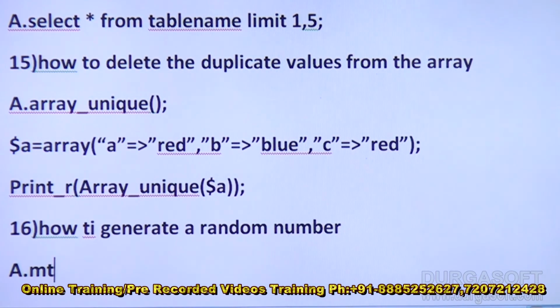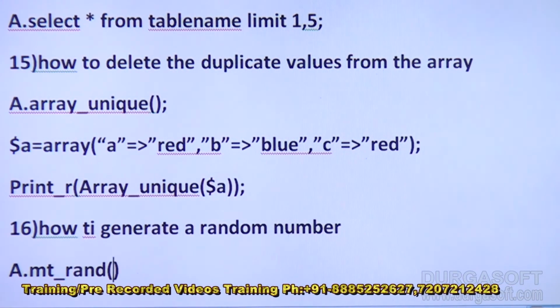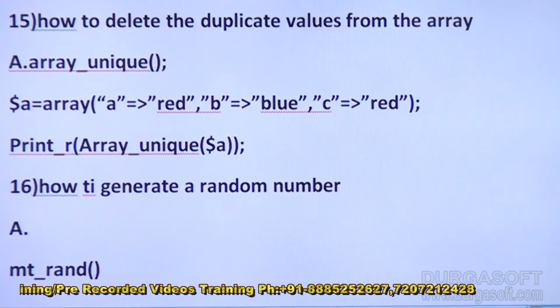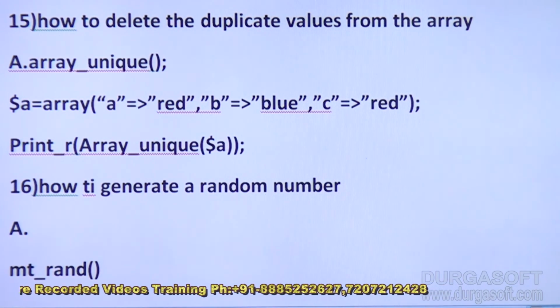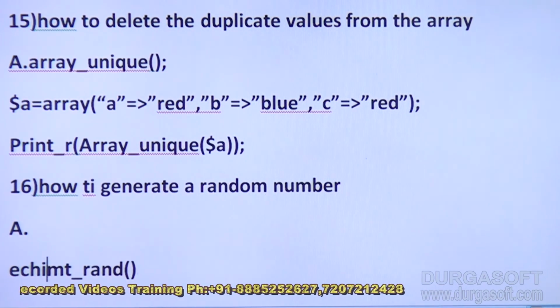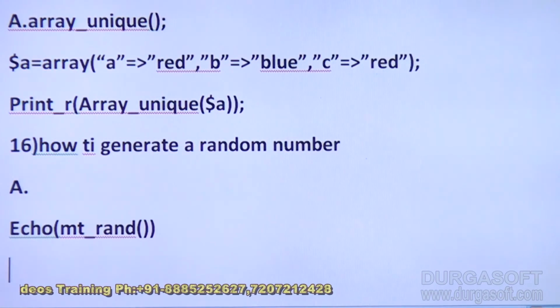By using mt_rand, it will generate a random number. We can pass the arguments also if you want. Finally, we can print that one, echo of mt_rand. Then what will it return? It will return the random number.